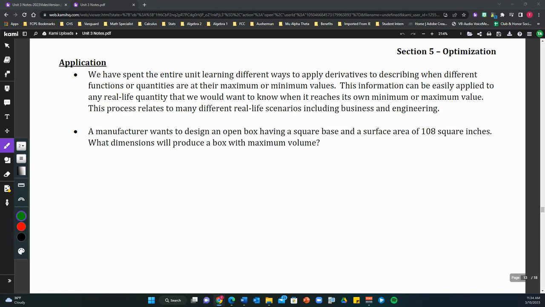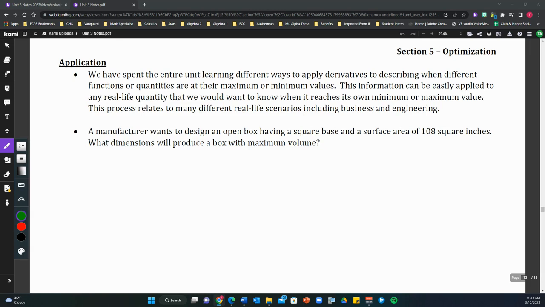This process relates to many different real-life scenarios, including business and engineering. What we're going to do today is take a look at how a specific quantity changes with respect to other quantities that are used as input values within that same situation. We have to keep in mind that our ultimate goal is to optimize. The optimization process is very common in packaging.